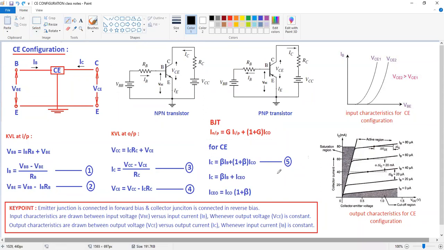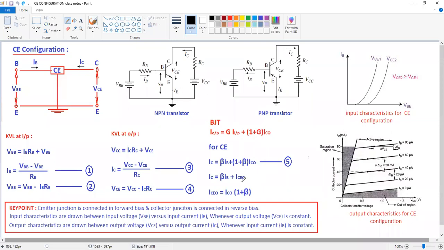See here, this O, this 0, indicates the reverse saturation current in the case of common emitter configuration. This is the representation of reverse saturation current in the case of common emitter configuration.